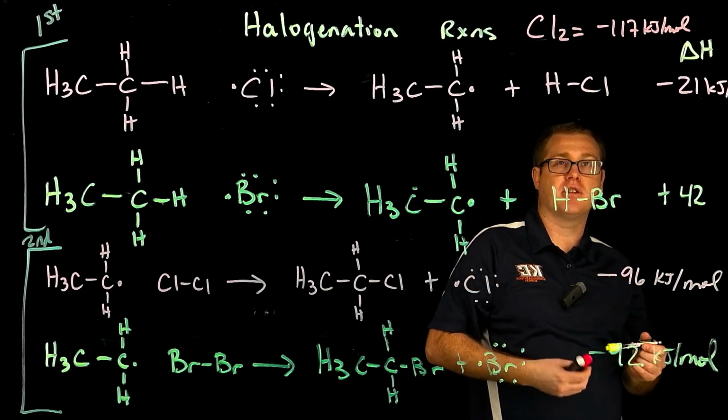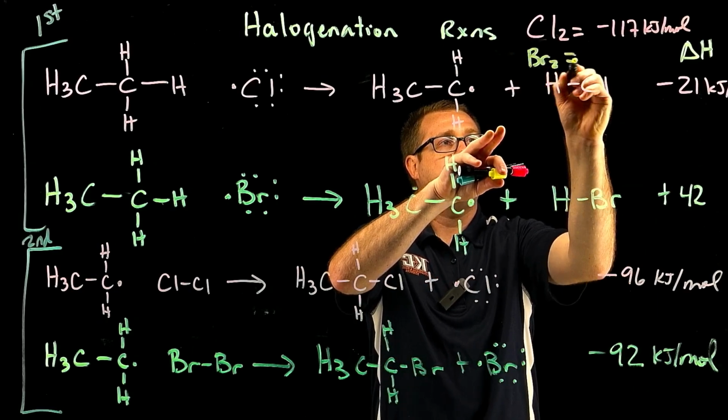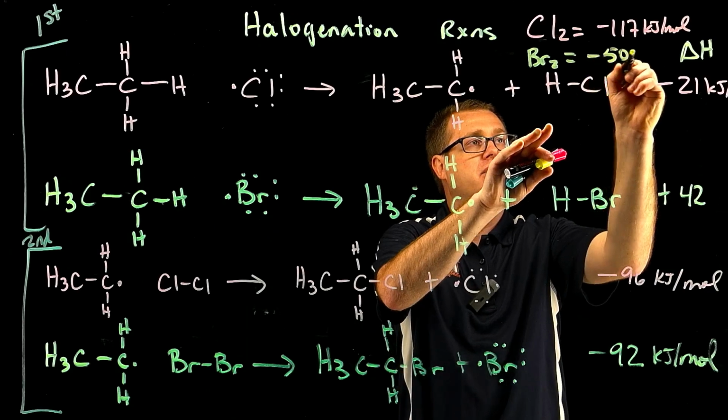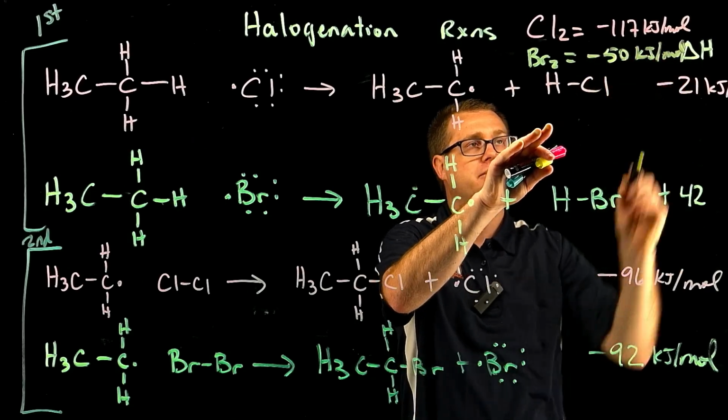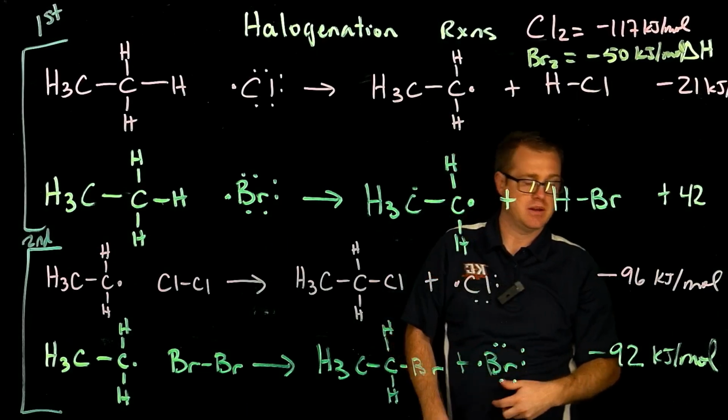So very exothermic, very favorable. Also, when you look at bromination, it's also going to be negative, but just slightly less, 50 kilojoules per mole. So both are exothermic, both are favorable.